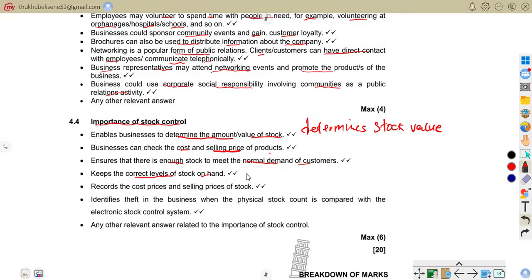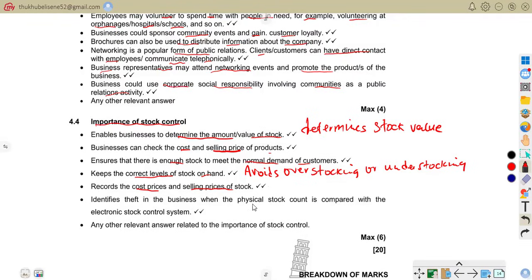It also records the cost prices and selling prices of the stock. If you are recording the prices, this helps with financial planning. By recording the cost price and selling prices, this is going to help with financial planning.